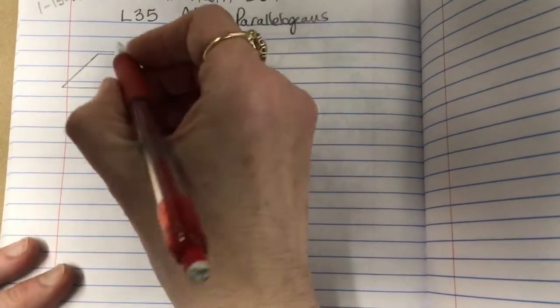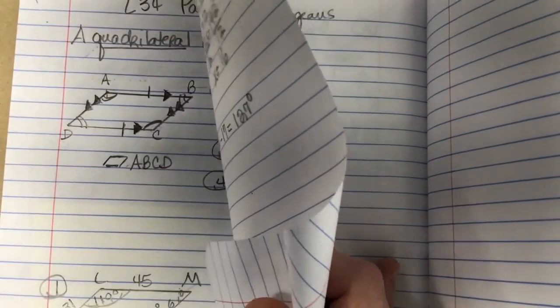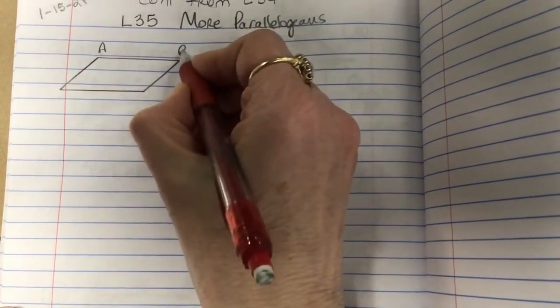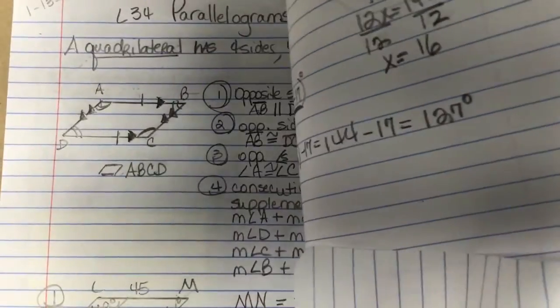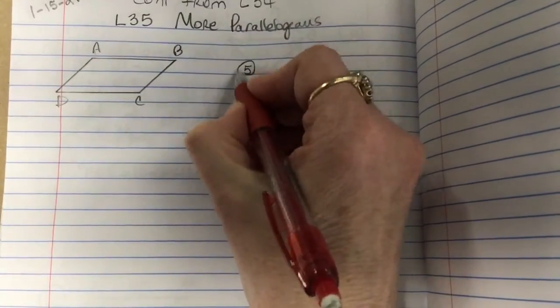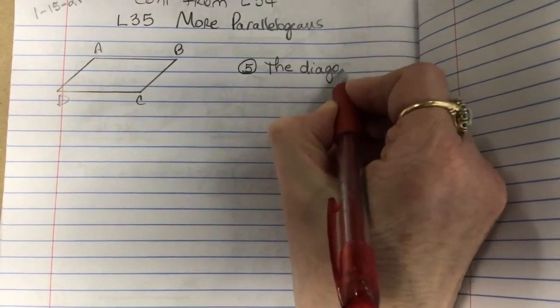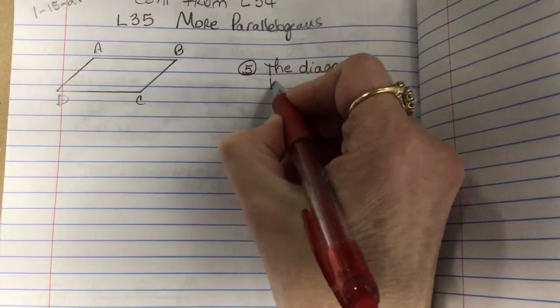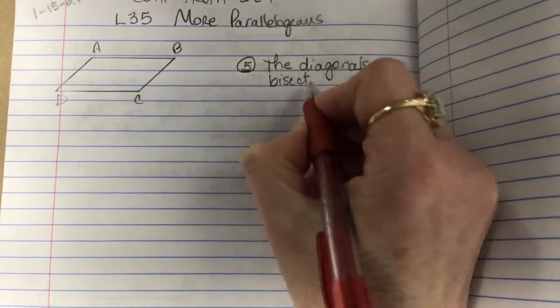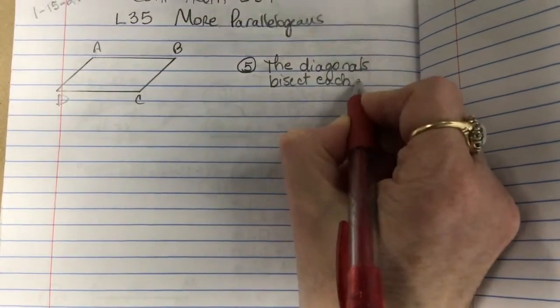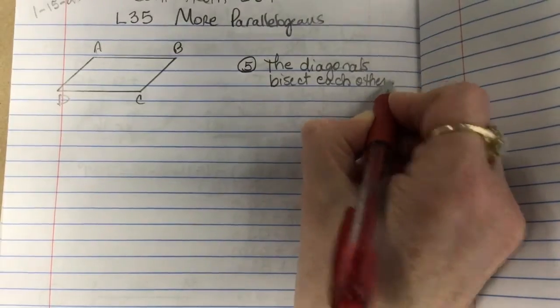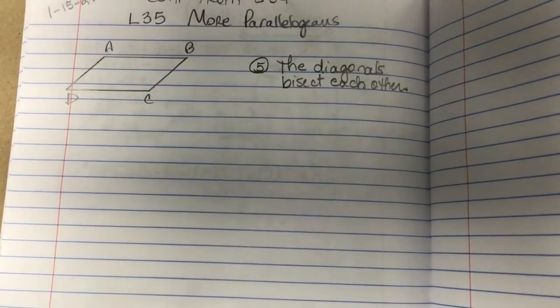So we're going to label it, again, the same as we did Wednesday, A, B, C, D. And the new rule, so we'll just add it as number 5, is the diagonals bisect each other. What in the world does that mean? Oh, we've done segment bisectors before.